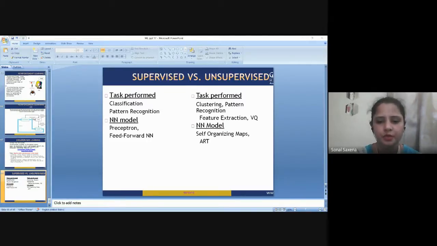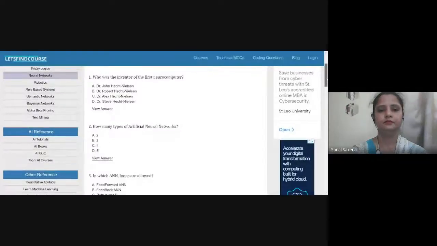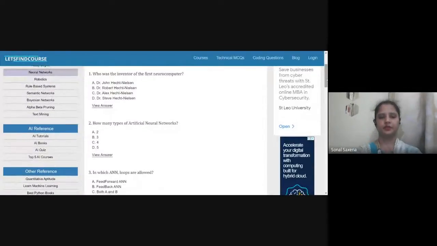So let me just quickly share the MCQ with all of you. And these are the three questions. We have just seen the types of artificial neural networks recently. I hope you'll be able to answer.